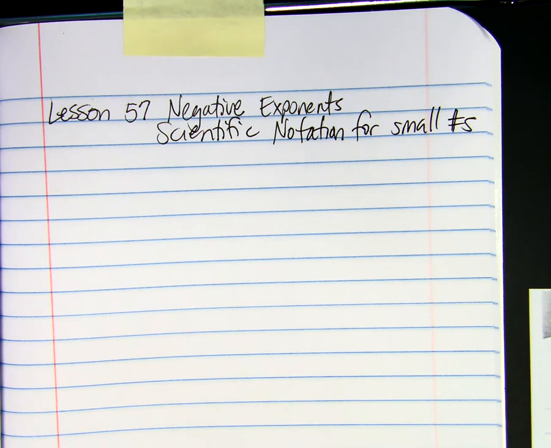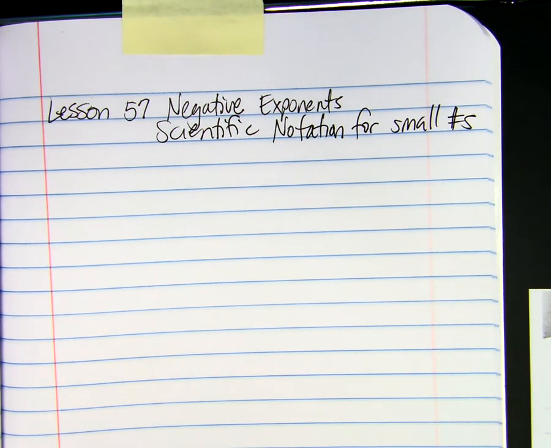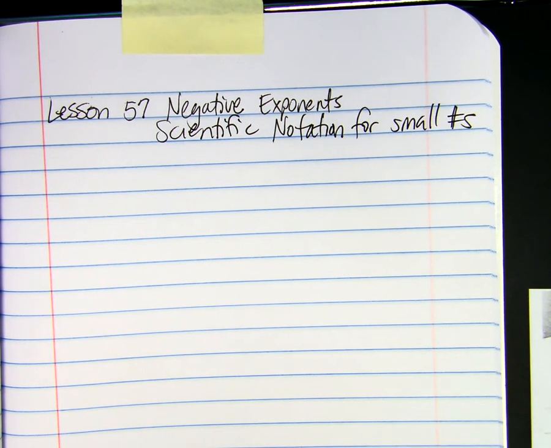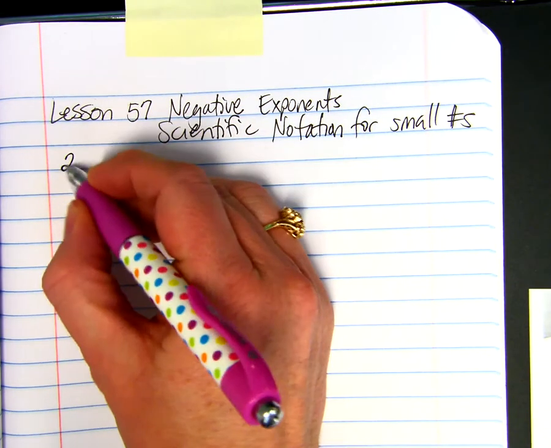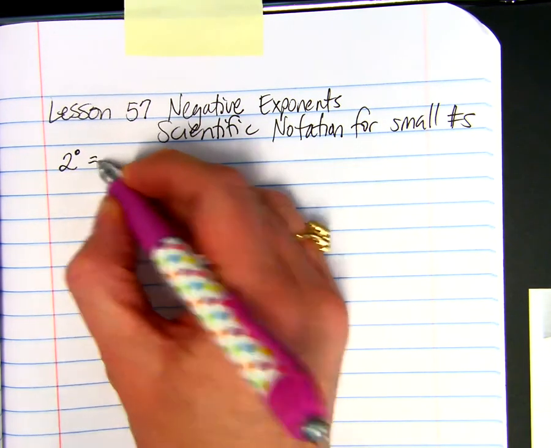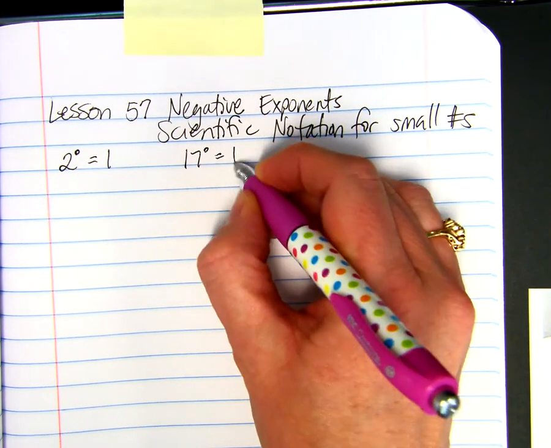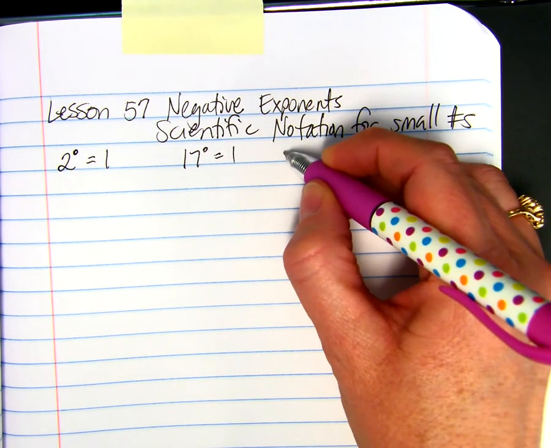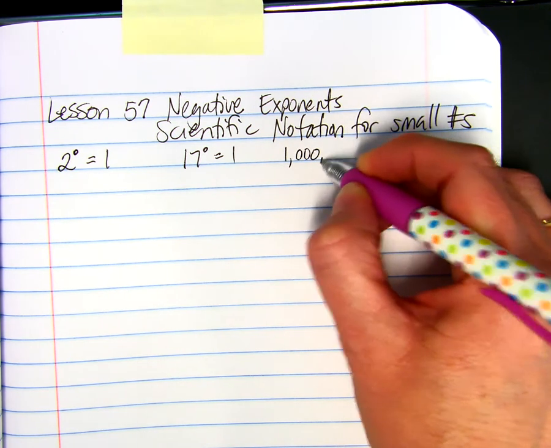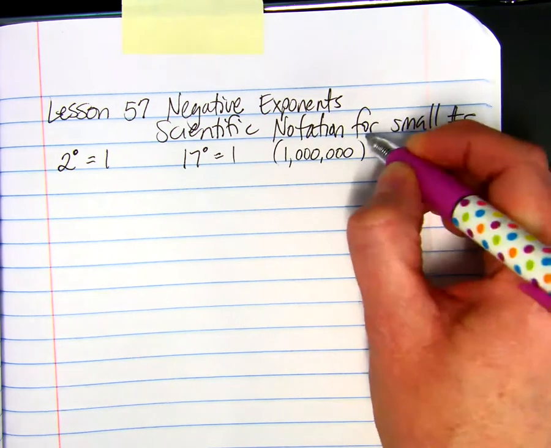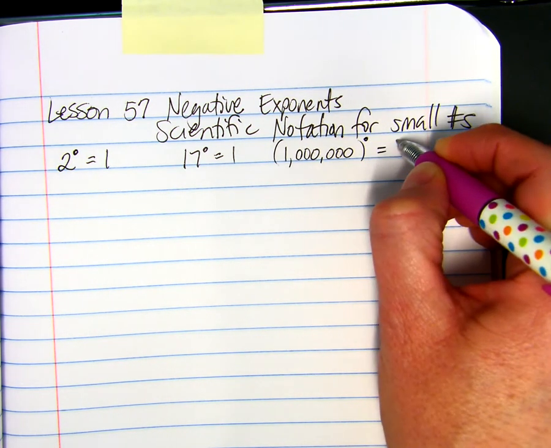Any number raised to the 0 power equals, does anybody know? Like if I raise 2 to the 0 power, do you know what that equals? 1. 17 to the 0 power is 1. 1,000,000 to the 0 power equals 1.